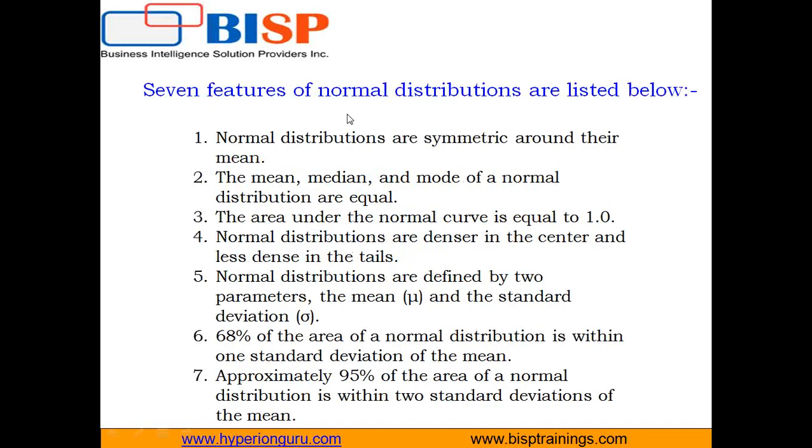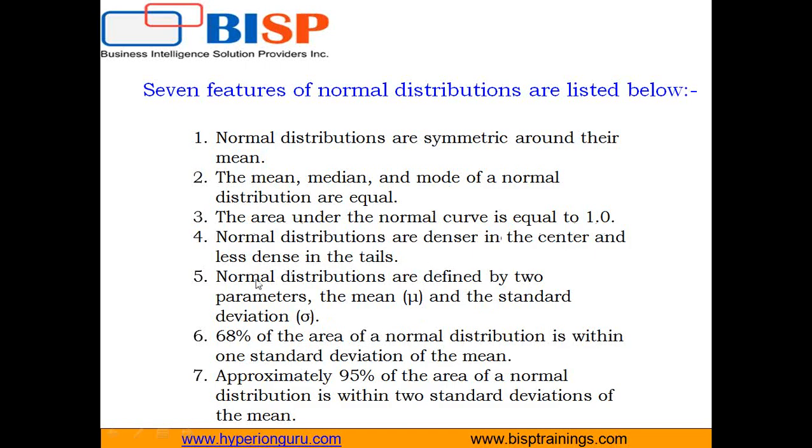There are some normal distribution features I have listed here. The first one, a normal distribution is symmetric around its mean, and second, the mean, median, and mode are all equal in the distribution. Third, the normal curve area lies under 1.0.